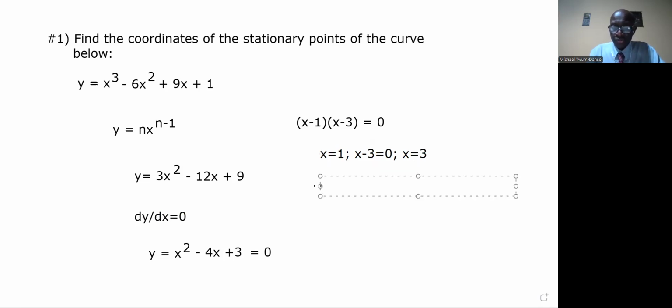So we now have to find the y coordinate of the stationary point. So we substitute 1 into the curve, x cubed minus 6x squared plus 9x plus 1.